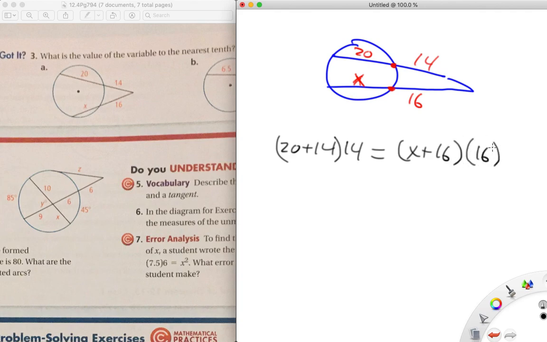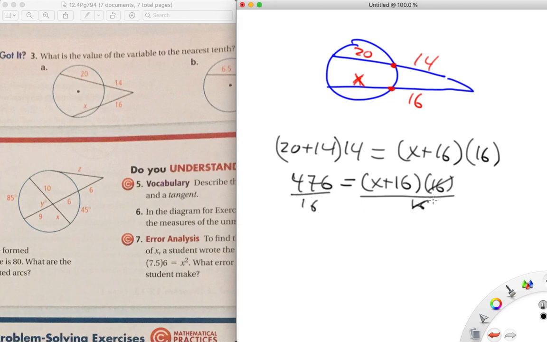Alright, so there's a few ways to do it. We can add the 20 to 14, so that's going to be 34 here, and 34 times 14 is 476 equals x plus 16 times 16. Here I'm going to divide both sides by 16.